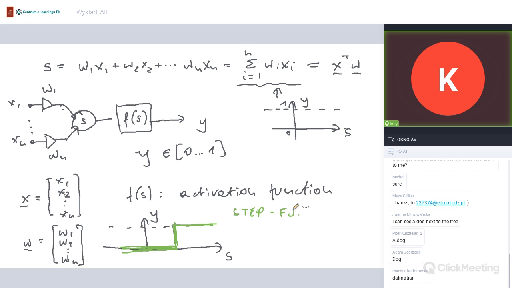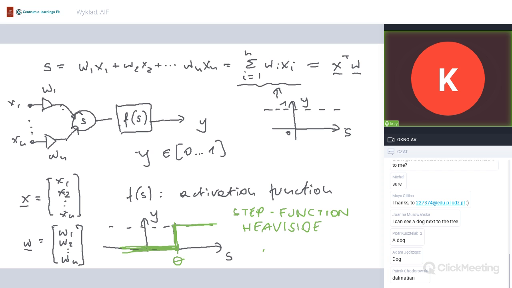Step function, sometimes this is called a Heaviside function. So this step function, or Heaviside function, is very simple. It is a step function. This step function has its transition point at some threshold theta.